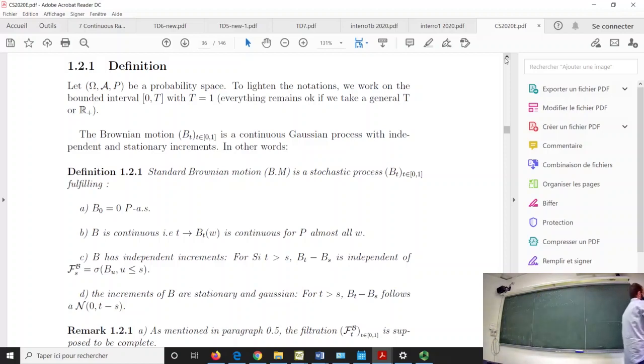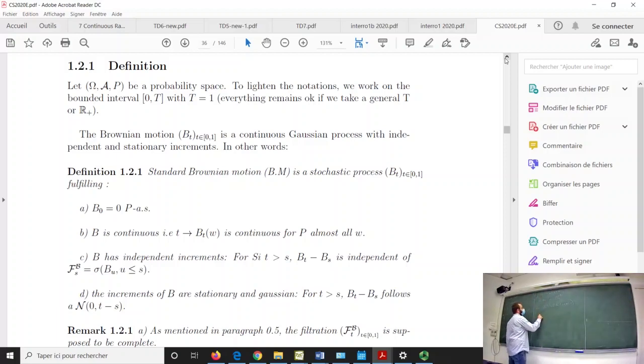So intuitively, I can describe this by saying that the increment of the Brownian motion between s and t is independent of what happened before for the Brownian motion. In terms of trajectory, what will happen from s to t is independent of what happened before. That is one statement fulfilled by the Brownian motion. And finally, the fact that this process is related to the Gaussian distribution.